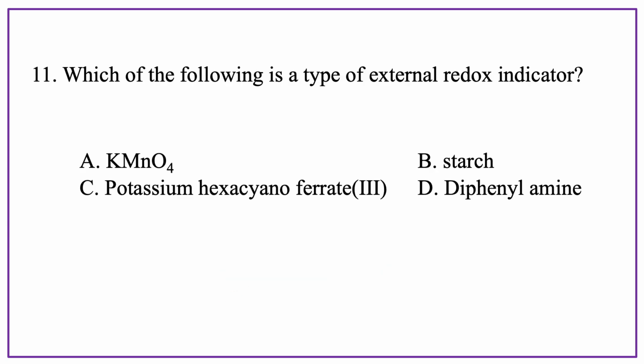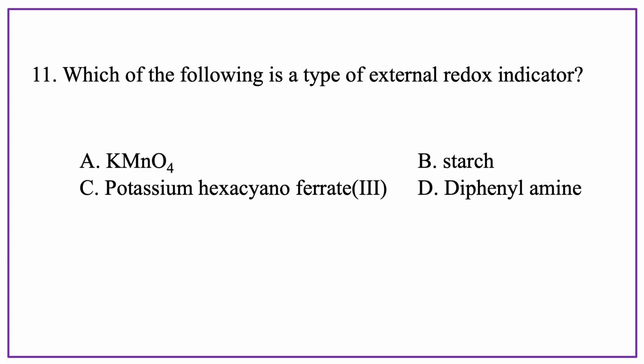Next question. Which of the following is a type of external redox indicator? KMnO4, starch, potassium hexacyanoferrate(III), or diphenylamine. If we consider the types of redox indicators, there are basically three types: internal redox indicators, external redox indicators, and self indicators.